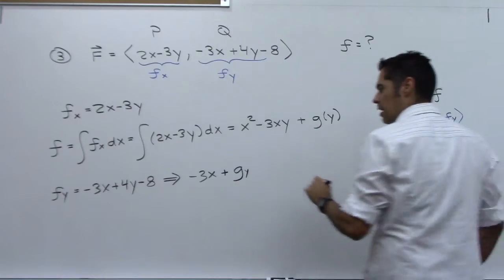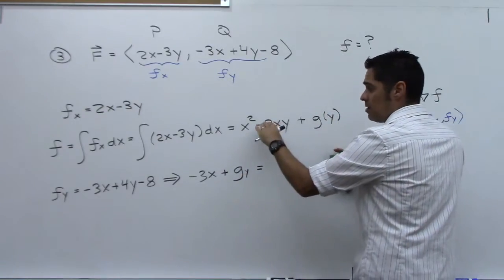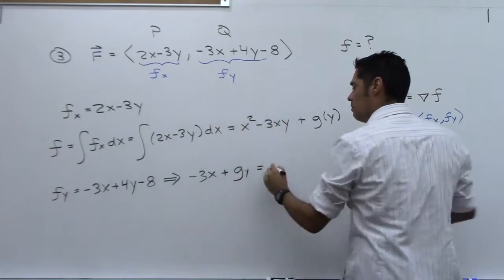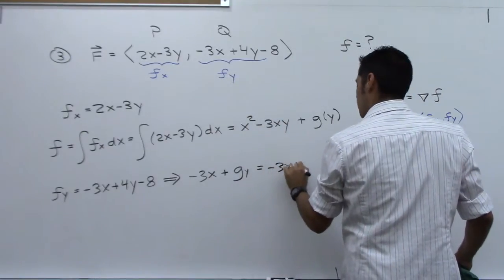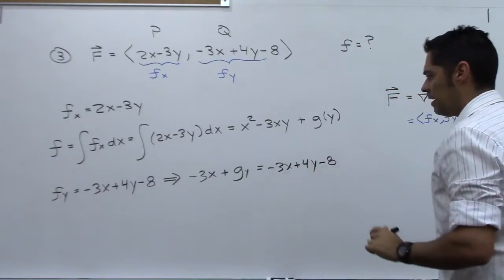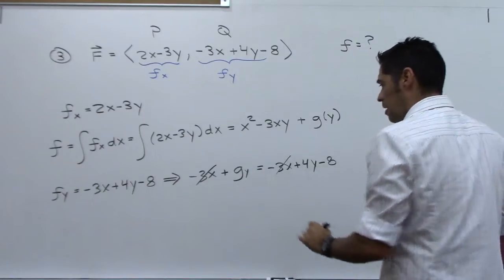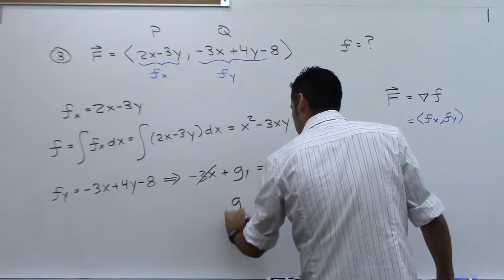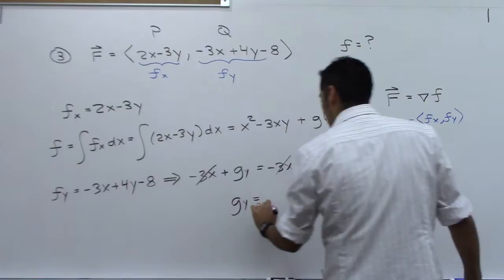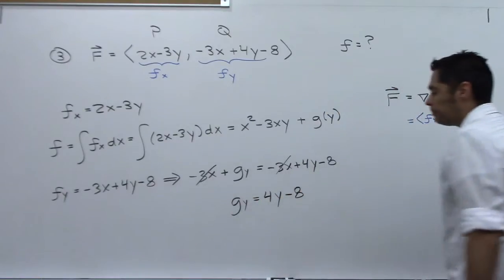This derivative must equal -3x plus 4y minus 8. And you can see I can cancel the -3x, and what I get is that the derivative of g with respect to y is 4y minus 8.